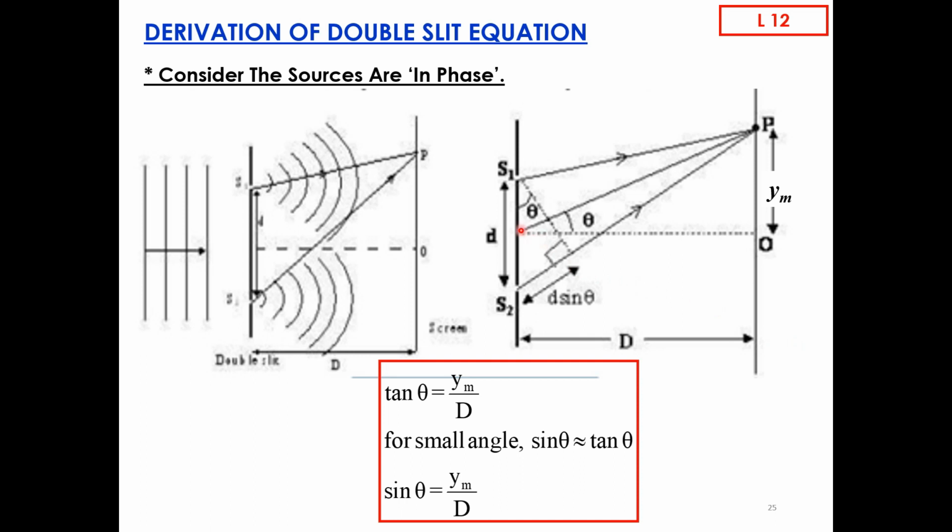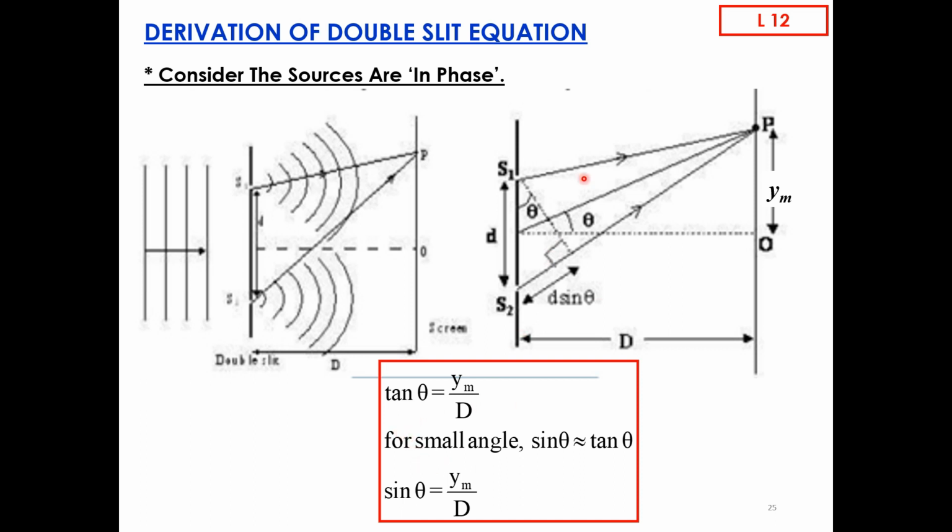So here theta is here. You draw a line as hypotenuse. So D is our adjacent, and ym is our opposite. Opposite over adjacent is tangent.